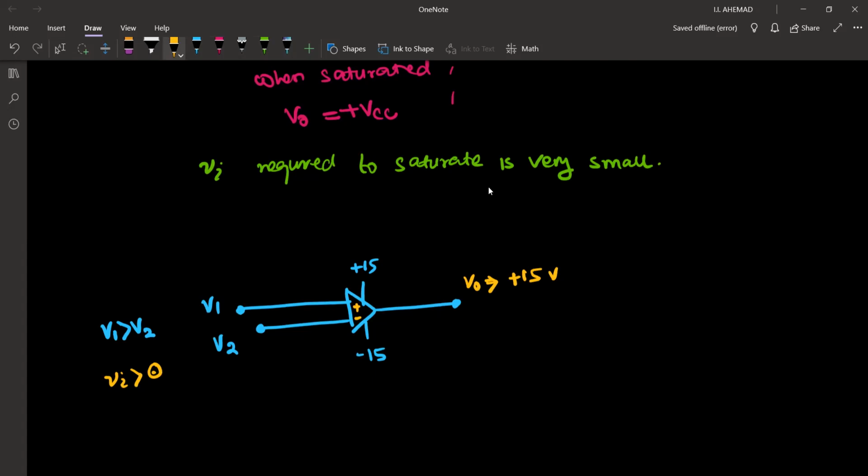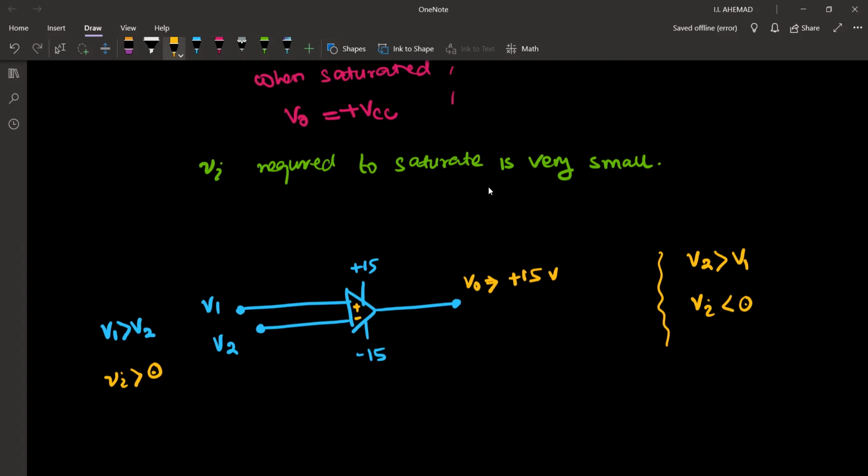Okay. And let's say that V2 is greater than V1. If V2 is greater than V1, what can you tell about Vi? Vi will be less than 0. Why is that? Always remember, Vi means V plus minus V minus.